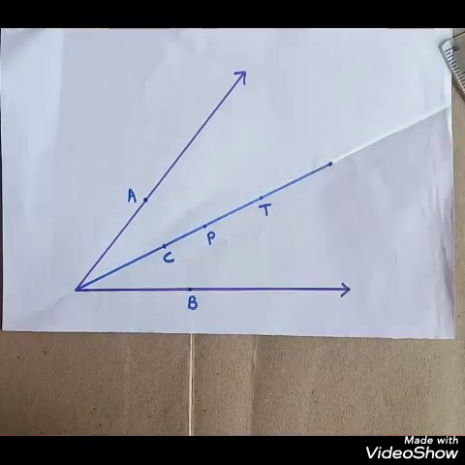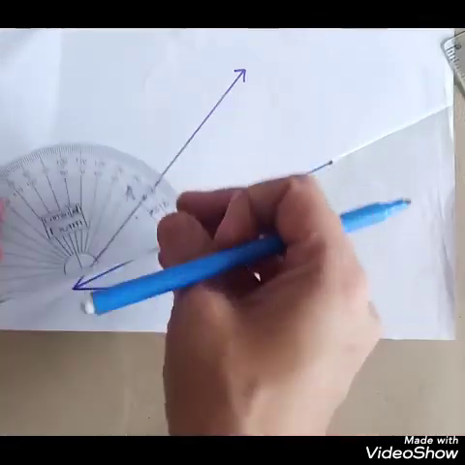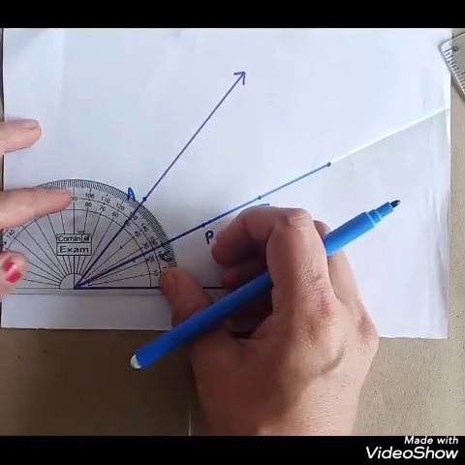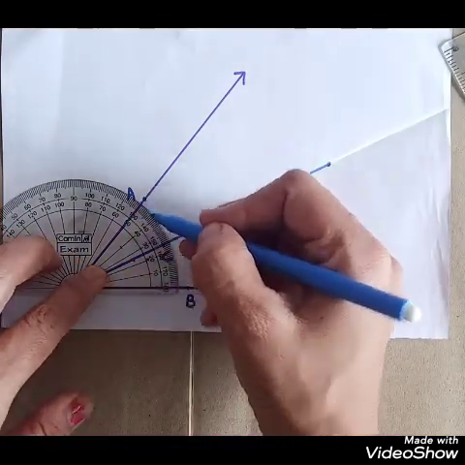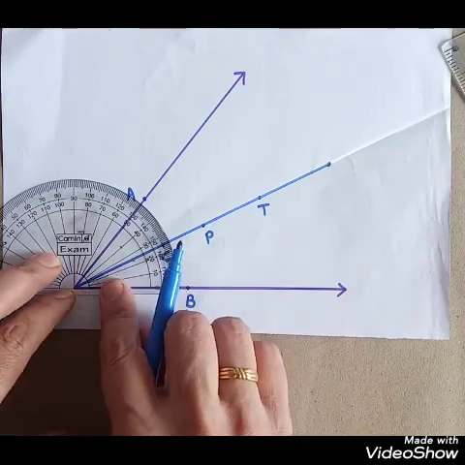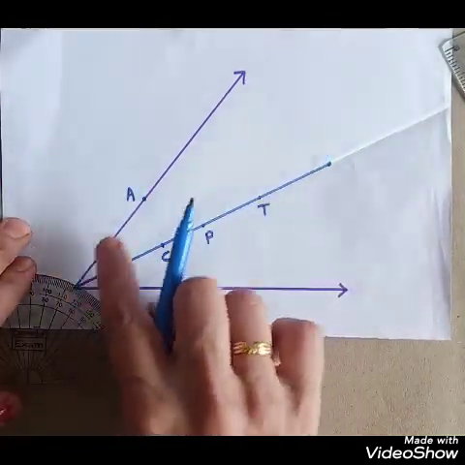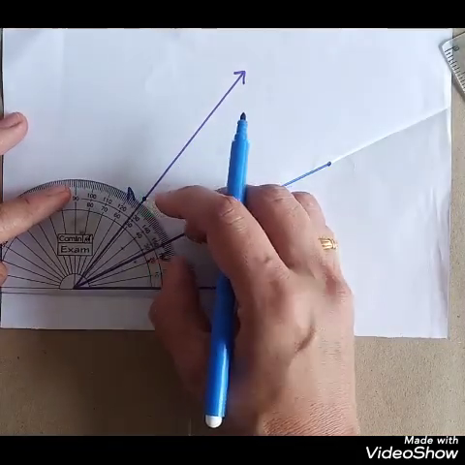For example, if we measure this angle with a protractor, look, I am measuring this angle. It is 50 degree. Okay, and this angle is divided into two equal parts. So we are again measuring the angle.